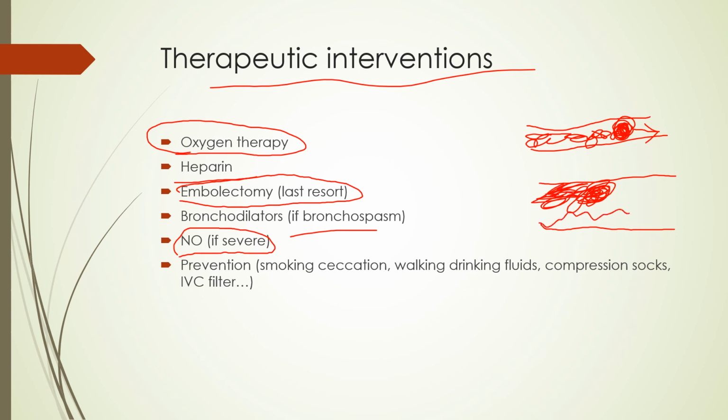Now I'm able to get some blood to flow past it, so I can help relieve the VQ mismatch that is going on, right? So there's still blood clot, there's still turbulent blood flow in there, but now I got some that's moving past there. So nitric oxide could be an option for this patient as well, or any type of pulmonary vasodilator like iloprost, Flolan. There are other drugs besides nitric oxide that can be used. So that's just something, if it's severe enough, that could be used.